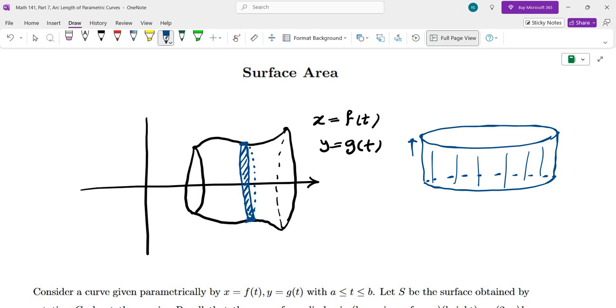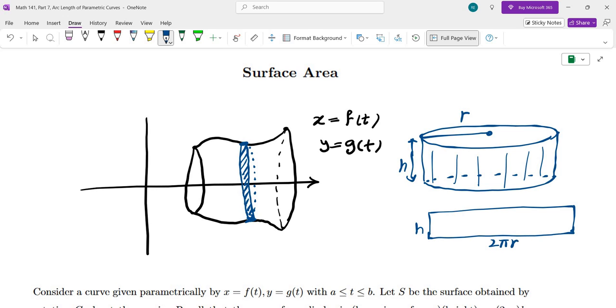If height is h and radius is r, then what you do is you unfold this, you flatten it, and then you get h times 2 pi r. So you get h here and then 2 pi r here. So these have the same area. So area is circumference times height.